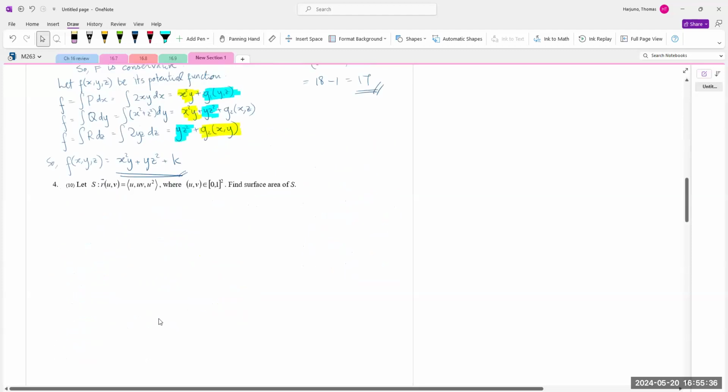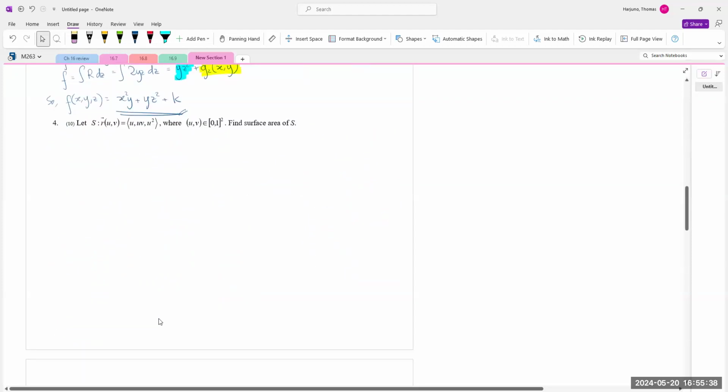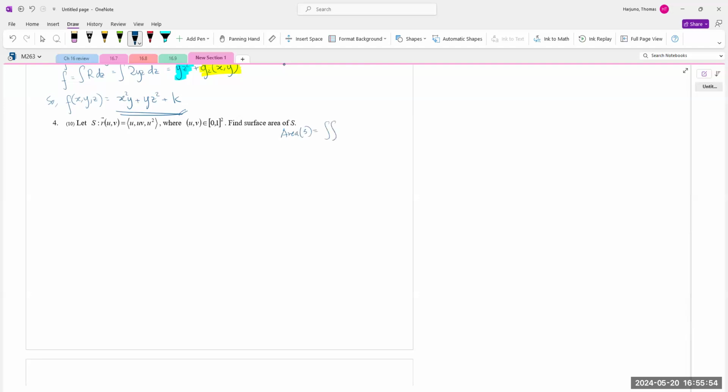Number 4, suppose we have the surface r(u, phi), where (u, phi) is in the unit square, 0 to 1 by 0 to 1. Find the surface area. How to do the surface area? Area of surface S is basically the double integral over S of dS, as I remember, right?